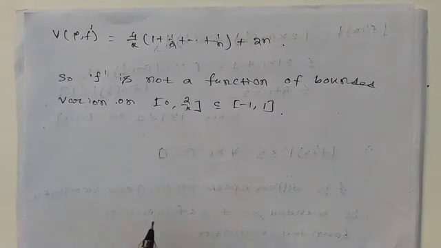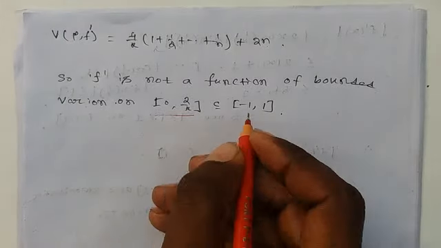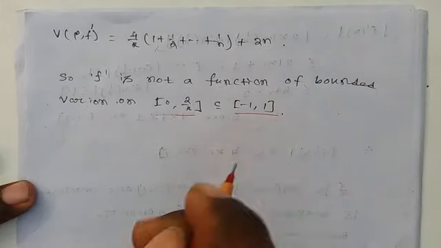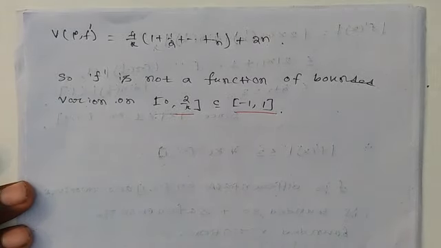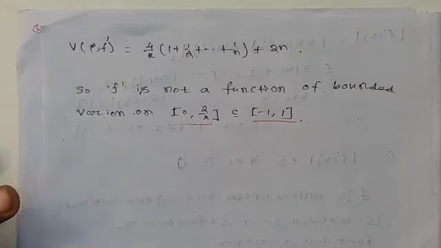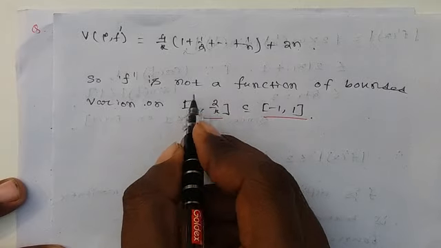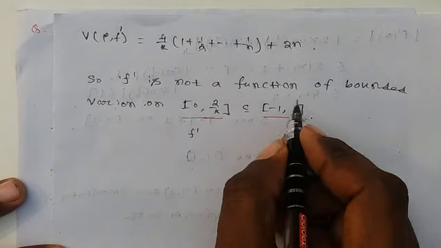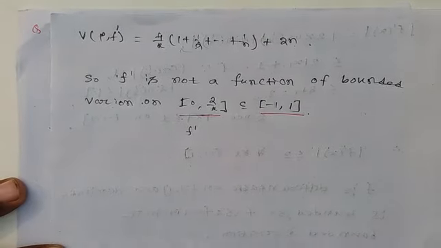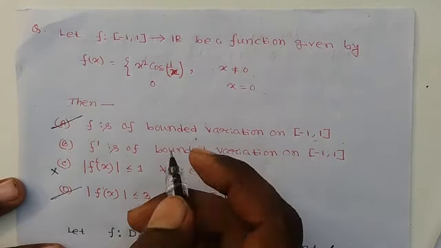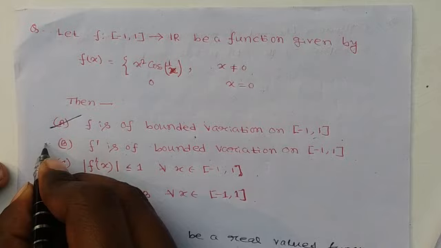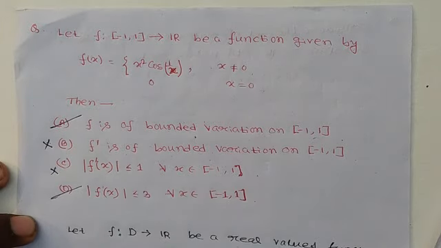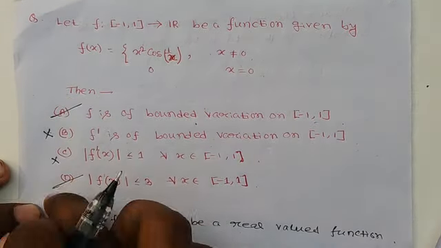Since f dash is not of bounded variation on a smaller set, it is not of bounded variation on minus 1 to 1. This is a superset of that set, and since f dash is not of bounded variation on the subset, f dash is not of bounded variation on this set also. So therefore the option that f dash is of bounded variation is wrong, and the right options are A and D. Thank you.